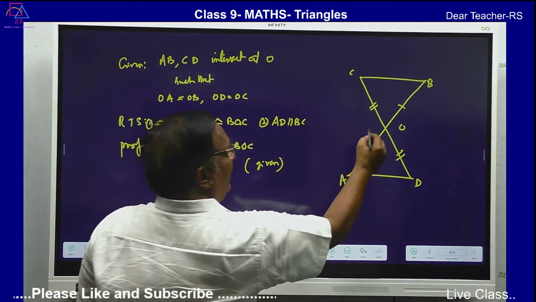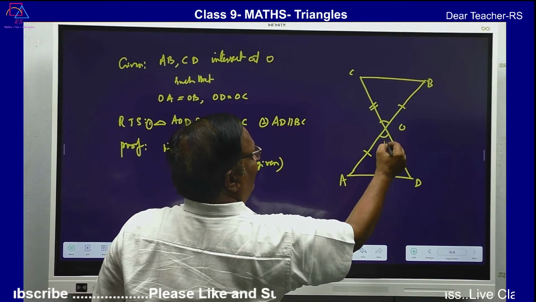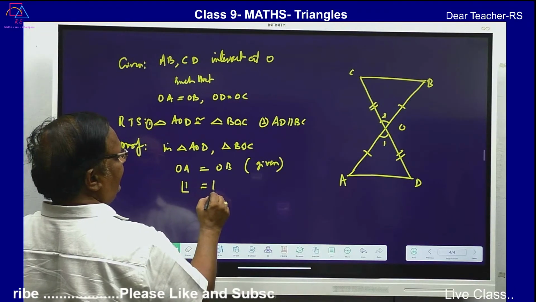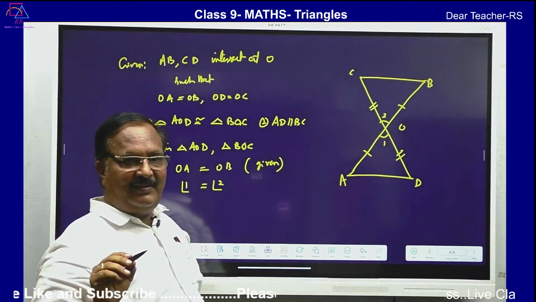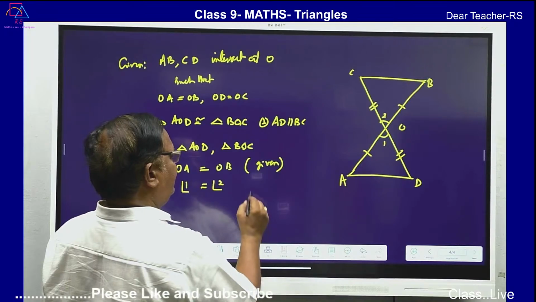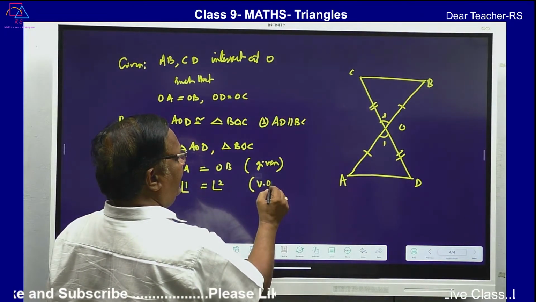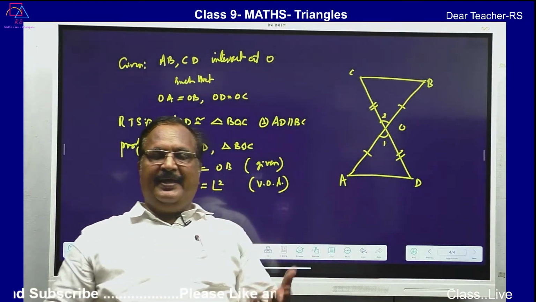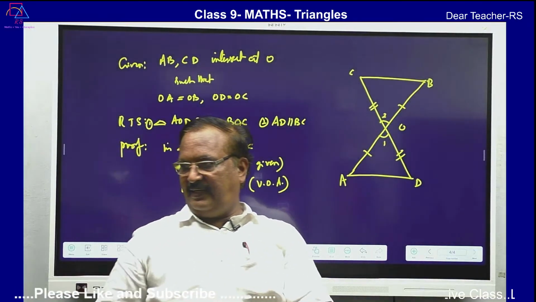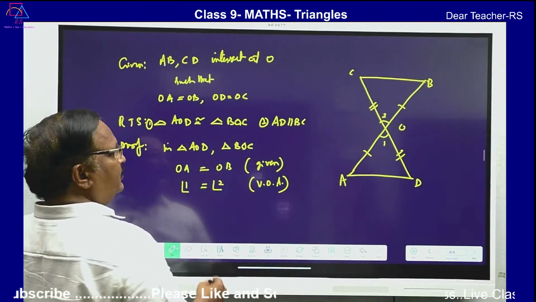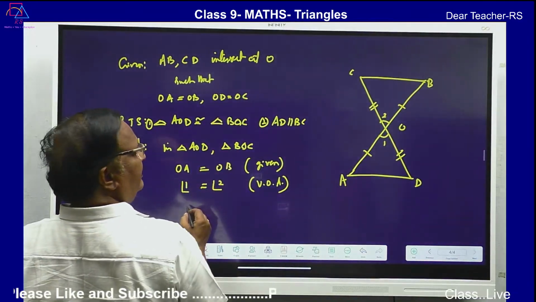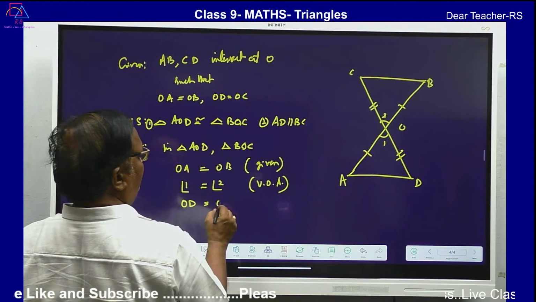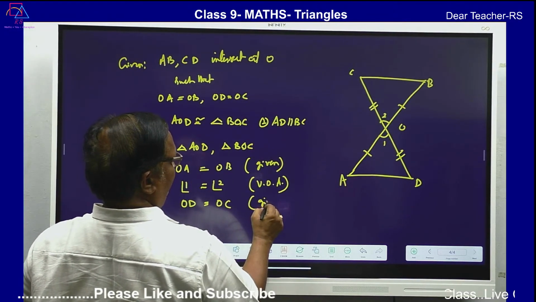Now angle 1 is equal to angle 2. This is not given, but this is a fact. They are vertically opposite angles. When two lines intersect, a pair of vertically opposite angles are equal. Then OD is in AOD, and OD is equal to OC. This is given.